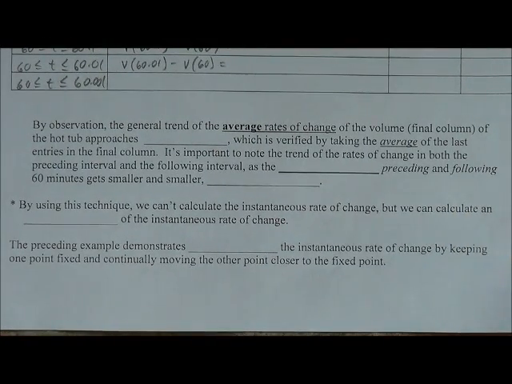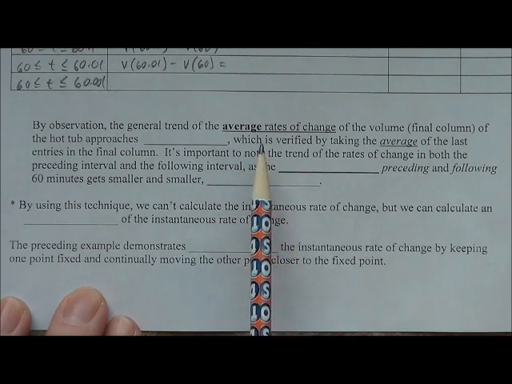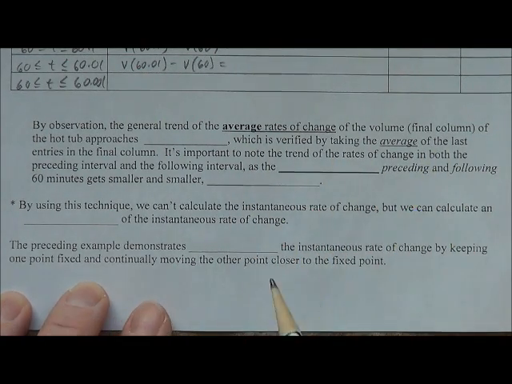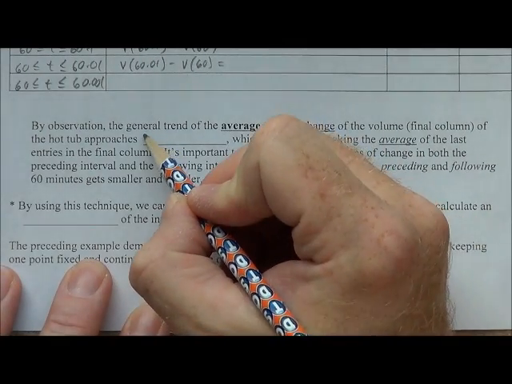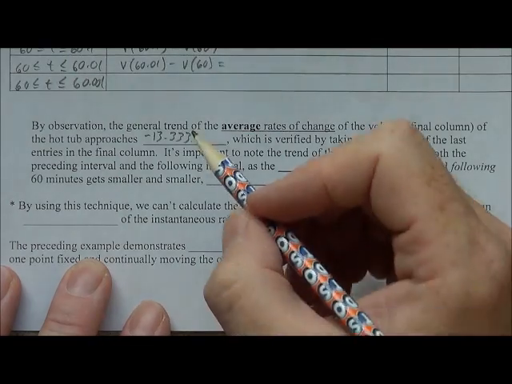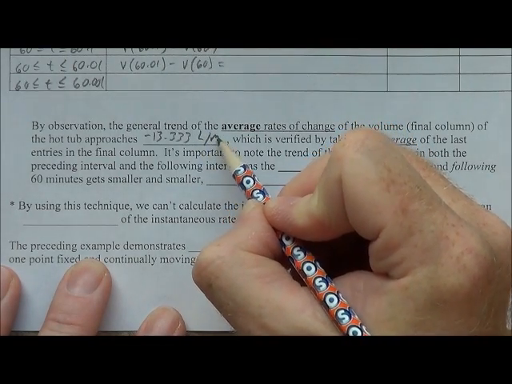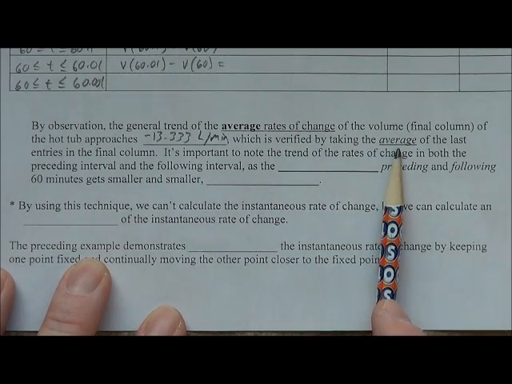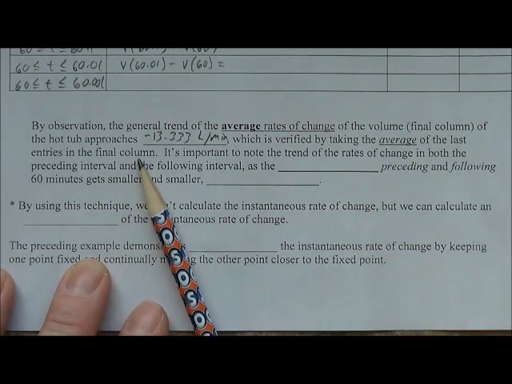So by observation, the general trend of the average rates of change of volume, the final column of the table there, of the hot tub approaches, as you can see, negative 13.333 liters per minute, which is verified by taking the average of the last entries in the final column.